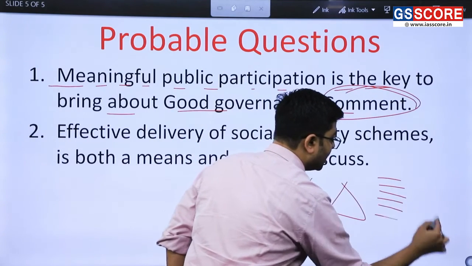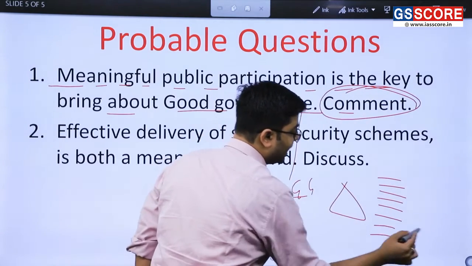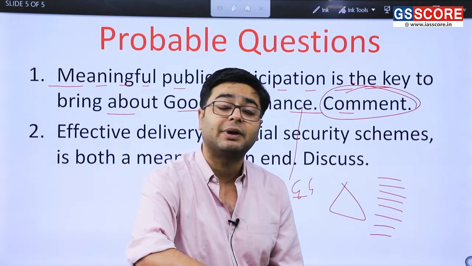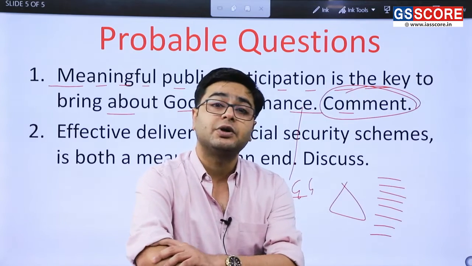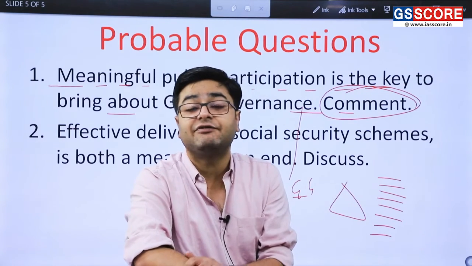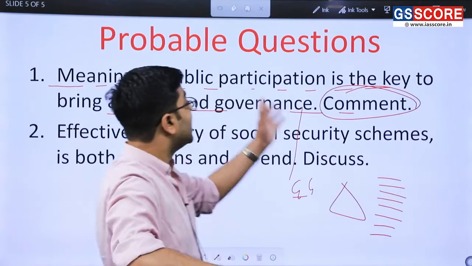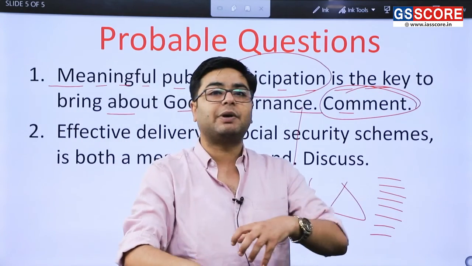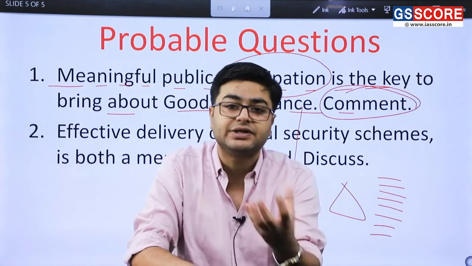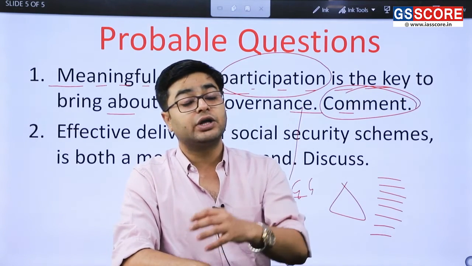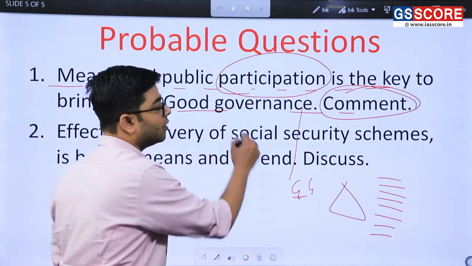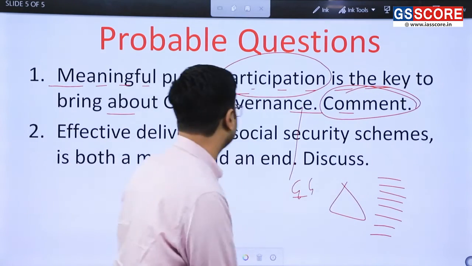That is the governance with its 8 pillars: consensus orientation, accountability, transparency, participation, rule of law, responsiveness, equity and inclusiveness, efficiency and effectiveness. How citizen participation enriches it. How citizen participation provides more legitimacy to the government, to the governance process, right? All those things will go here in a similar manner.